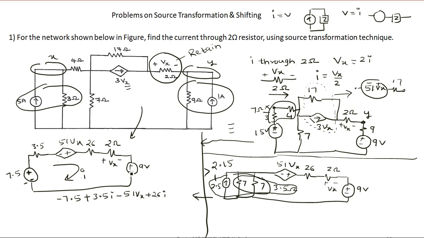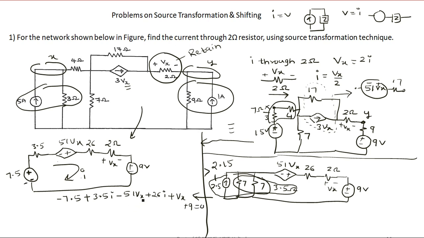Okay, so for a while I will take only Vx. You will come to know anyway, because in order to find the current you need to find the value of Vx. Then followed by plus Vx, then plus 9 equal to 0.